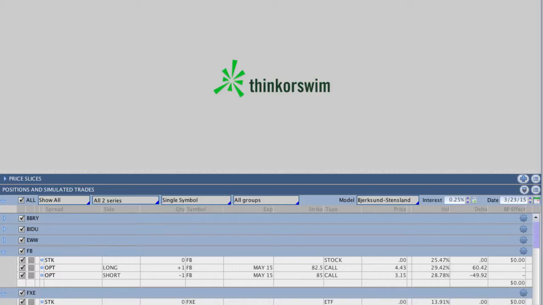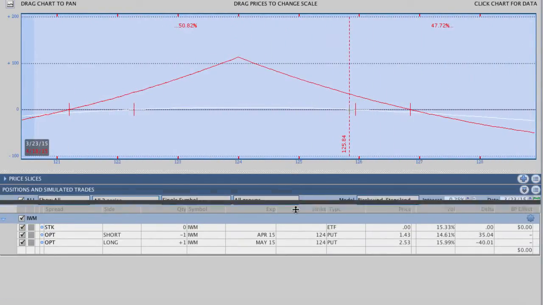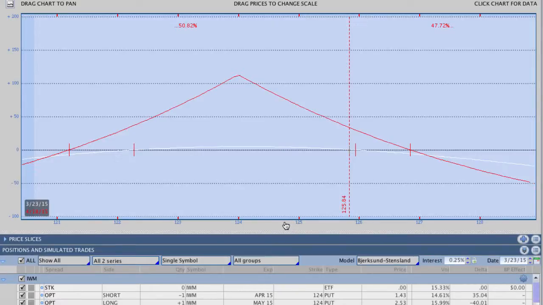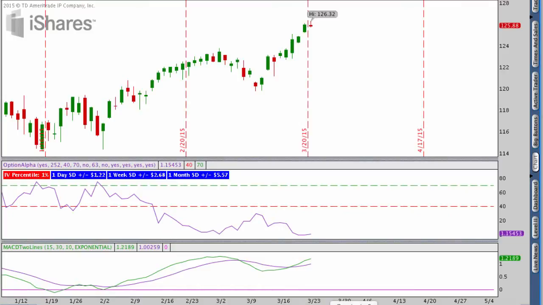But when we look at, say, a simulated trade here, you can see that we actually have a pretty wide window of opportunity to make some money on IWM. Anywhere between about 126 and 3/4 or so, all the way down to about 121 currently is our profit range in IWM. And the reason that we did the calendar spread was because implied volatility is very, very low.